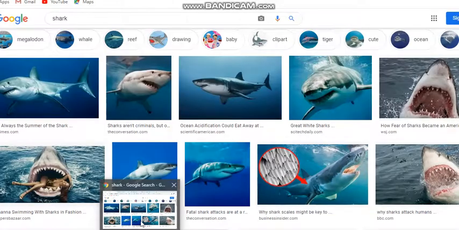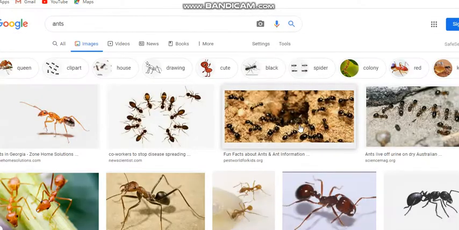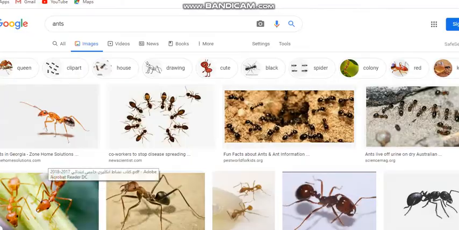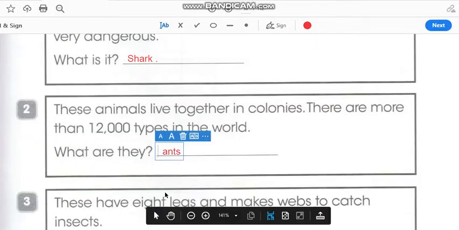Yes, that's right, that will be ants. This is the colony we were talking about. Ants, so your correct answer will be ants. Don't forget to start with a capital letter.